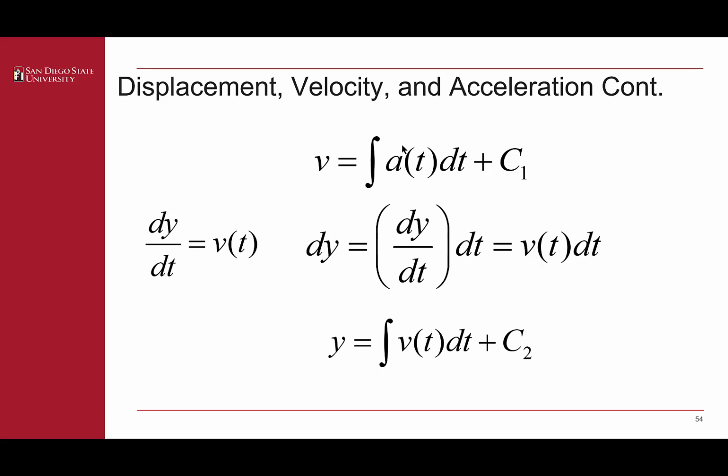And from here we can leave dy alone on the left side of this equation, and dy would be equal to dy/dt times dt, which is, as we show here, v of t dt. And now we can take the integral of both sides, and y would be equal to the integral of v of t dt.